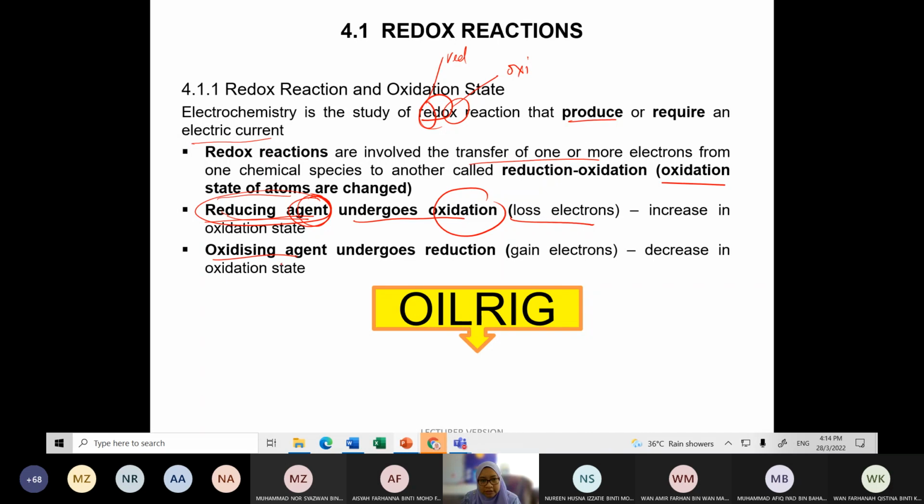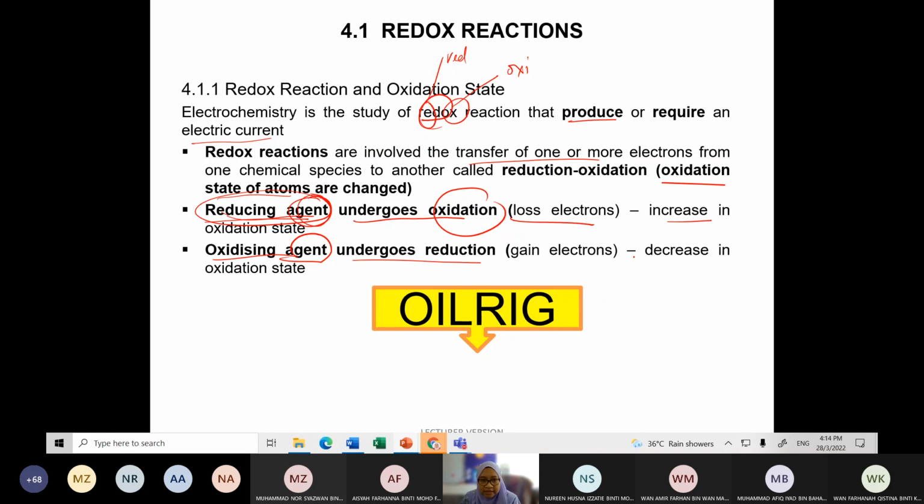Same goes for the oxidizing agent. It oxidizes others, but it itself undergoes reduction. It gains electrons. So what happens to the oxidation state? For the reducing agent, the oxidation state increases.